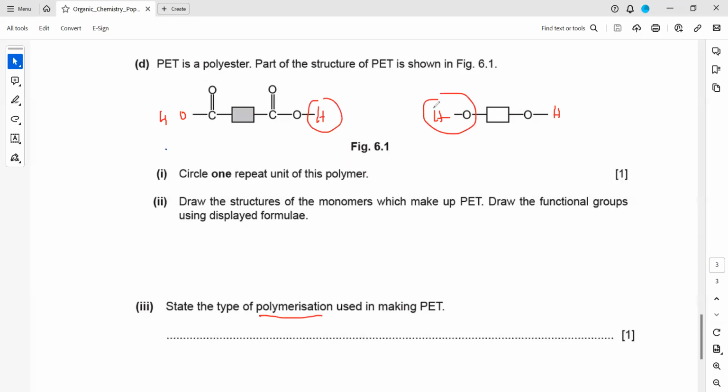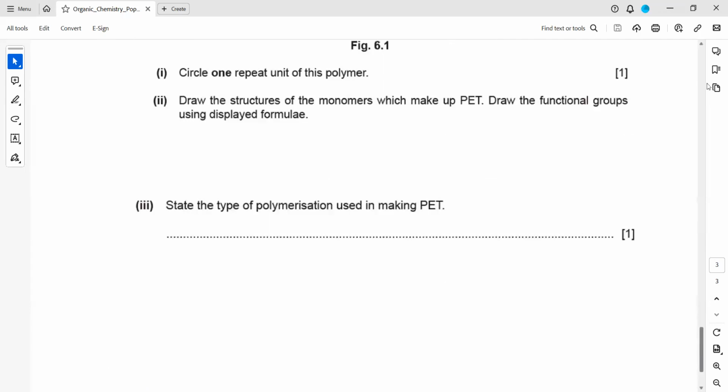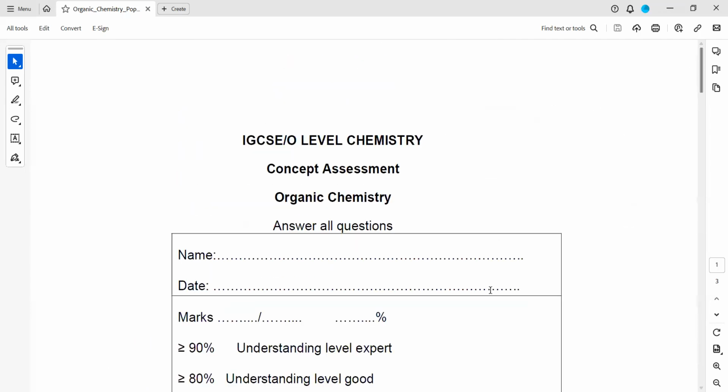H and OH will react with each other and they will be eliminated. So this is a condensation polymerization. If it was addition, then the monomer should be an alkene. So this was a pop quiz related to organic chemistry.